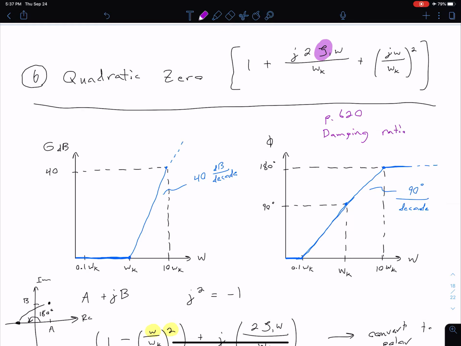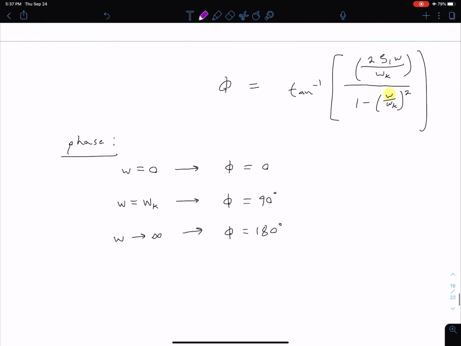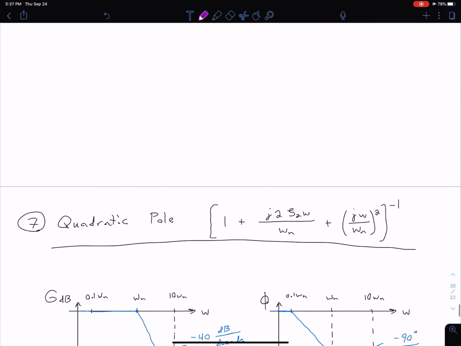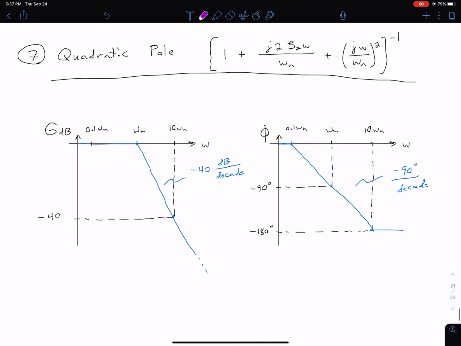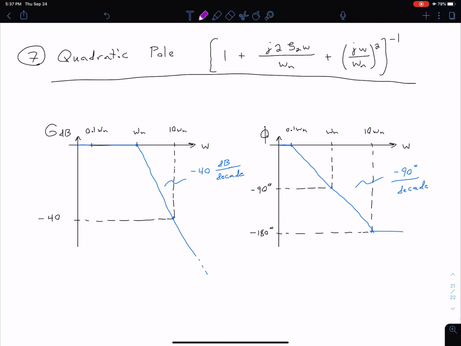As promised, we're not going to go into all of this detail for our last potential item, our quadratic pole, but I've copied what it looks like here. It's the same as our quadratic zero, we just have the power of -1 because it's in the denominator. I've also switched this to omega sub n because we're talking about a different corner frequency.